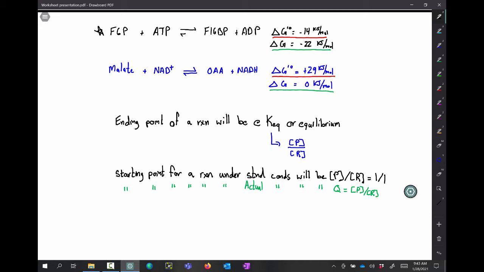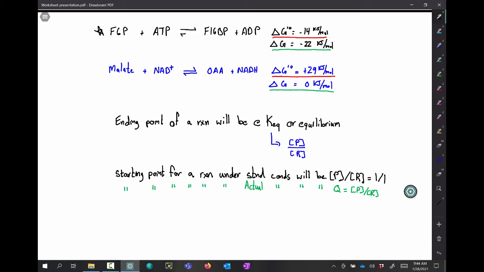And so we would say that the actual conditions are going to be the concentrations of fructose 6-phosphate, which is F6P, ATP, F16BP, or fructose 1,6-bisphosphate, and ADP that are actually found in the cell.